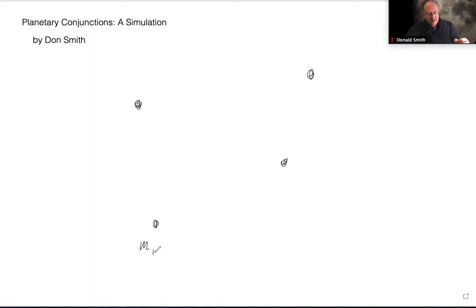So I'm going to call this rock 1, 2, 3, 4 going in clockwise order. So we have a mass 2, a mass 3, and a mass 4. And it's going to give each one a position in space, and it's going to give each one a momentum. So maybe this one starts out going that way.